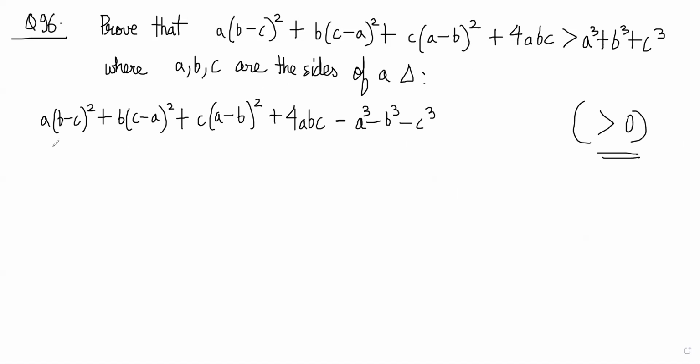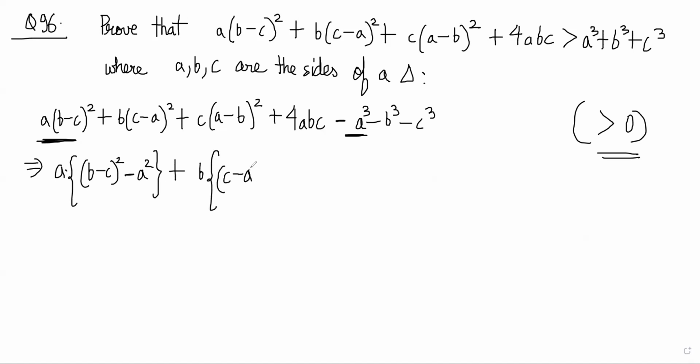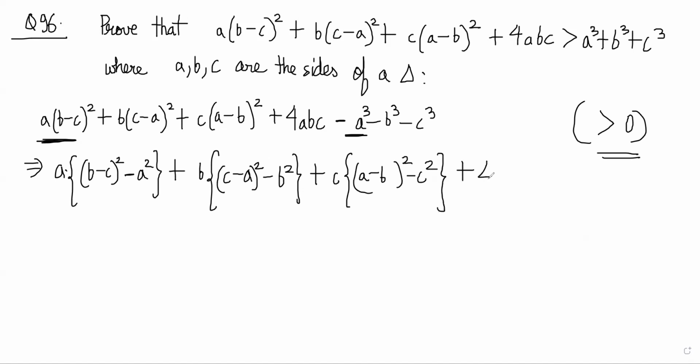So let's think about how we do this. We will group the terms together. I will take this term, and I'll take A common. I'll get (B minus C) whole square minus A square. And similarly, I'll take B common here with B cube, so I'll get (C minus A) whole square minus B square. And C common here, and I'll get (A minus B) whole square minus C square, plus 4ABC.